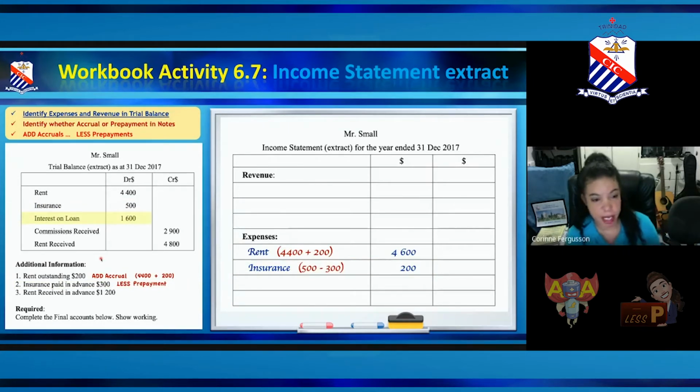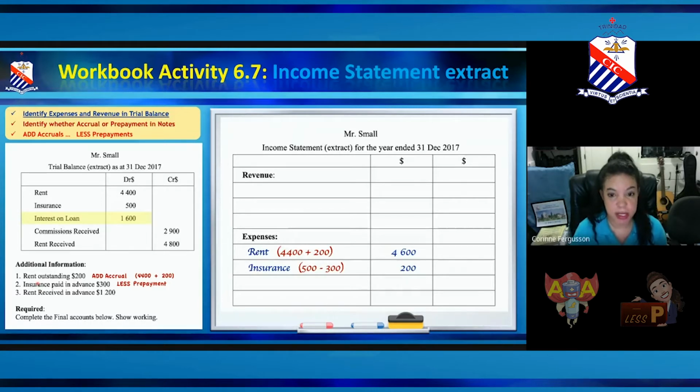The next one is interest on loan. So I'm in my trial balance, interest on loan. What's the next step? You go to your notes and you look for anything related to interest on loan. So we go down here, and do you see anything related to interest on loan? No. So what do you do in that case? Don't ignore it, because interest on loan is an expense. All expenses go into the income statement.